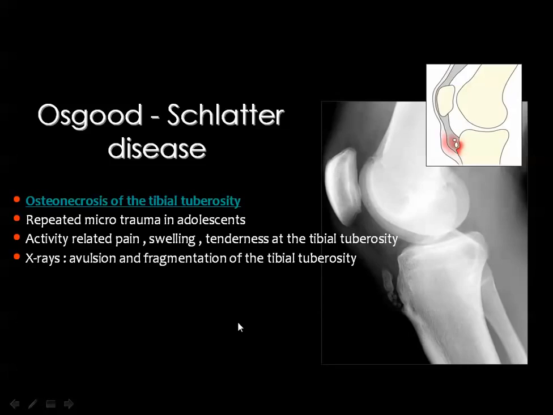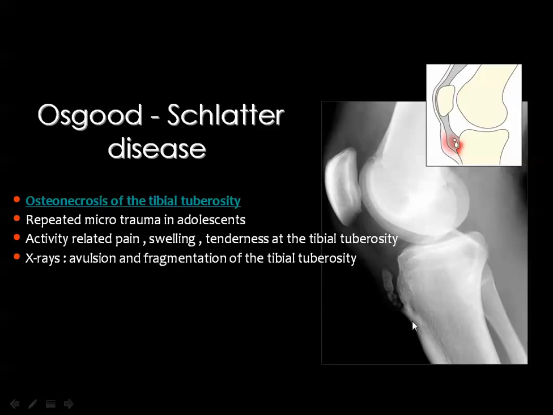As you all know, most avascular necrosis or osteonecrosis at different sites in the musculoskeletal system usually manifests by bone sclerosis, fragmentation, and collapse of the affected part of the bone.